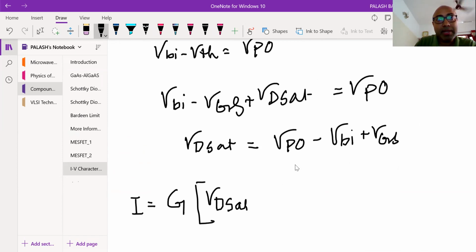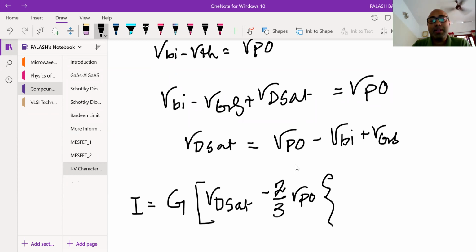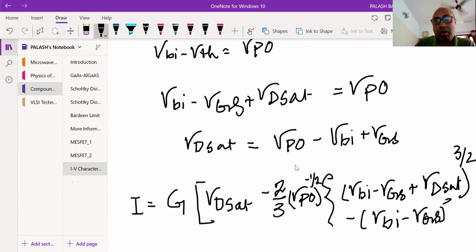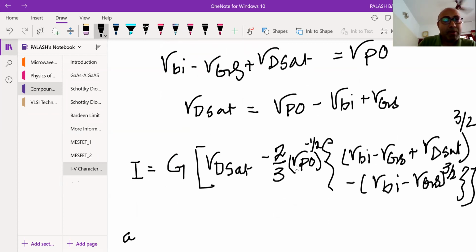Minus 2/3 of VP0. This is the second bracket, and VP0 minus half, I guess, VBI minus VGS plus VDS. Simple, very simple mathematical manipulation.